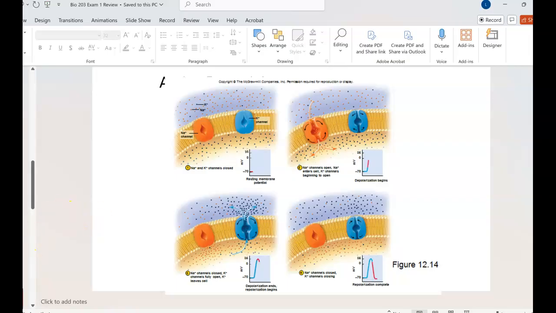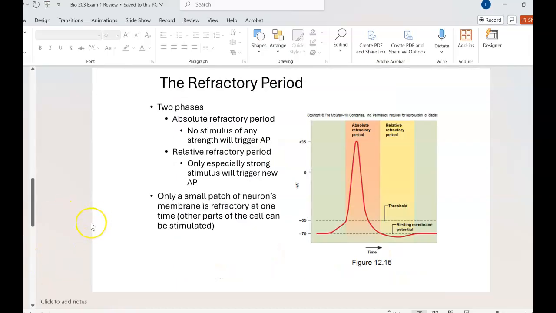Now, one of the things that we talked about with action potentials is that there needs to be a little pause before we can generate another action potential. So this graph is showing us the difference between absolute refractory period and relative refractory period.